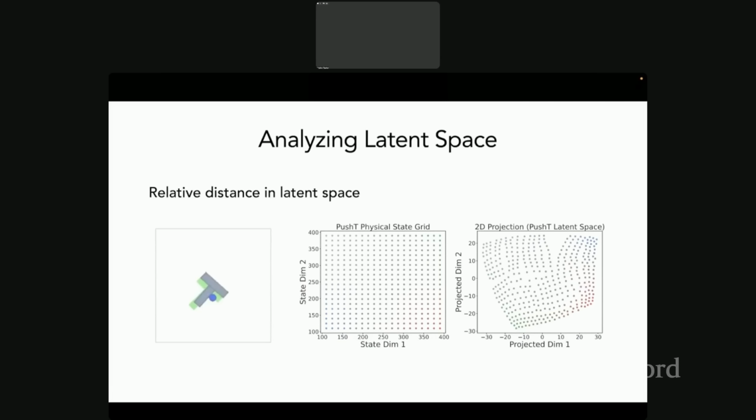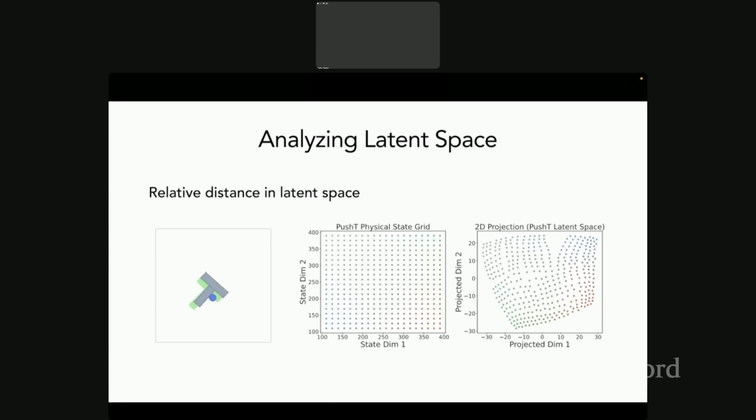We did two other small experiments as well. The first one is we try to embed the location of the agent and the T, and we make the agent location and the T location move. The middle plot shows you what happened, the different locations, and we project the embedding space with a t-SNE plot to see if we can recover the exact relative distances between all the different locations of the original space.